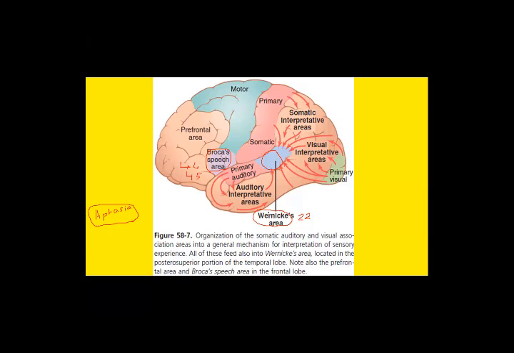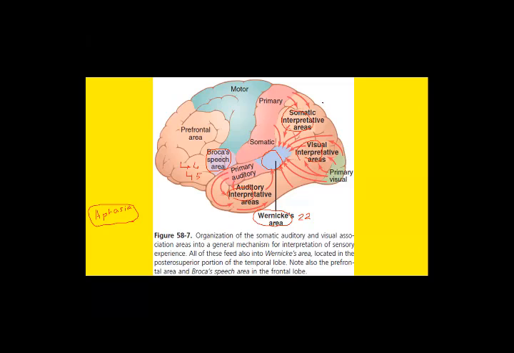As far as Wernicke's area is concerned, this is the area where multiple inputs are received. The three important input fibers are, number one, the visual input fibers coming from the visual cortex, the auditory input fibers coming from the auditory cortex, and the third one is the somatic input fibers coming from the somatosensory area.